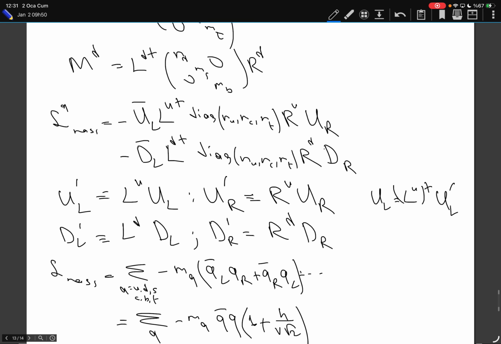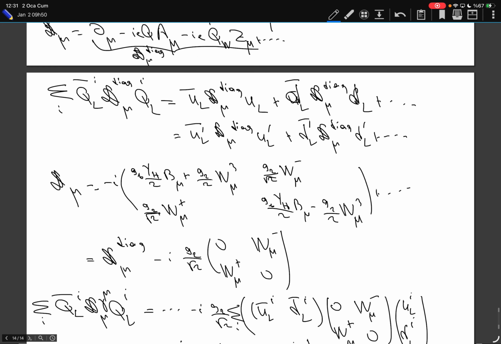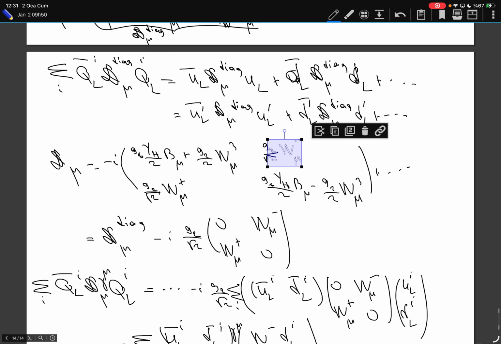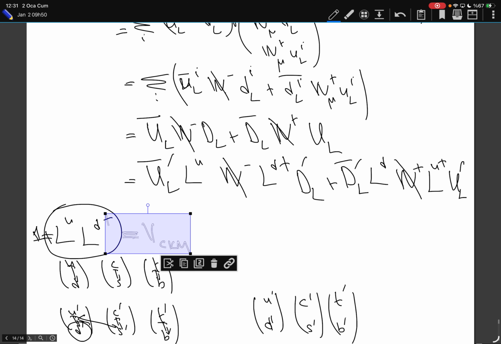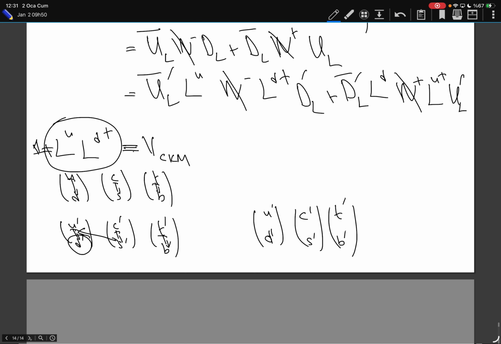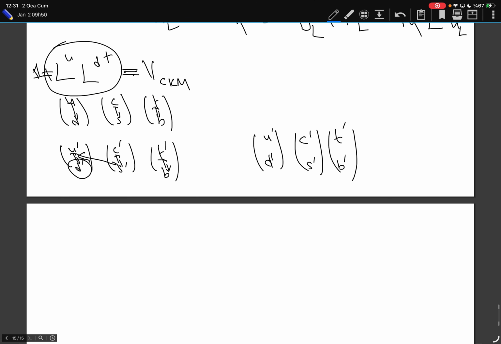Then we had looked at the weak interactions, the interactions of W plus and W minus, and we saw that the weak interactions are no longer family diagonal. Now I will drop the prime. I will always be working with the prime fields. I will drop the prime, so I will just say U, D, C, S, and T, B. Now, weak interactions, the charged current interactions, they make all these transitions possible.